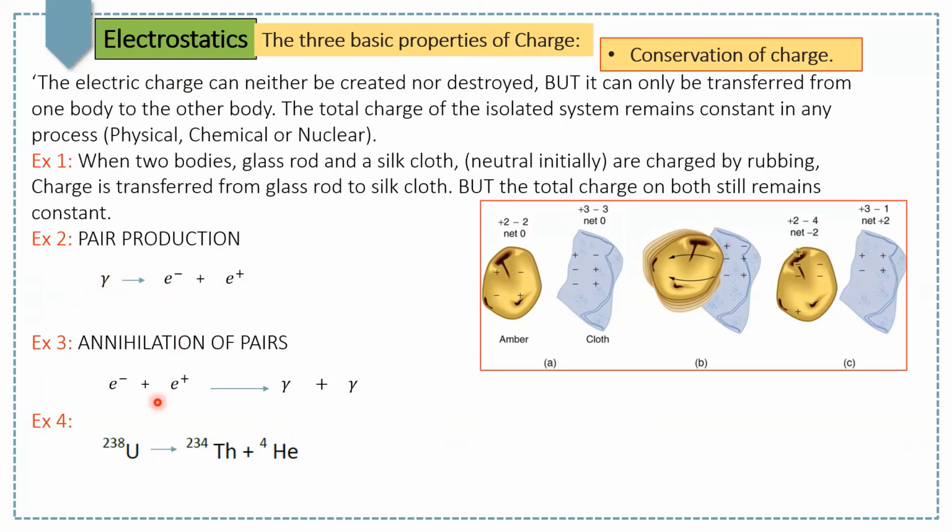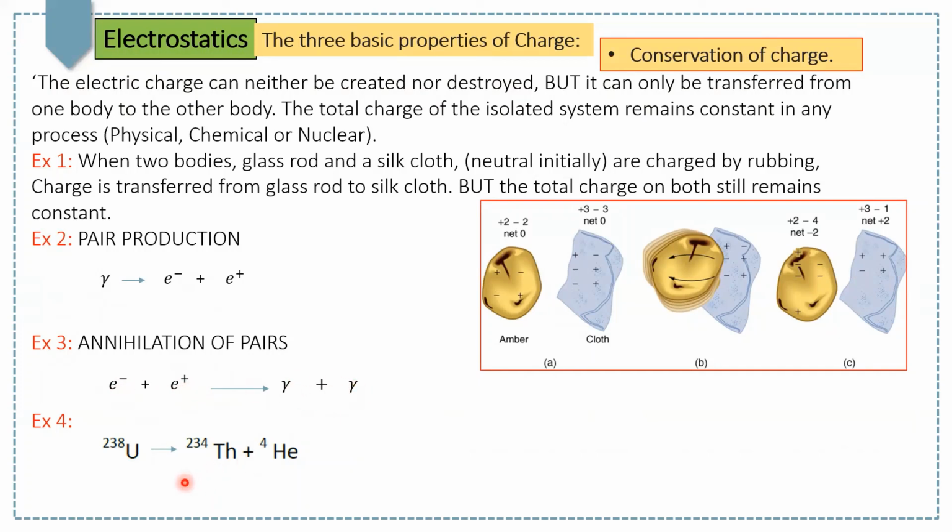And the second, when electron and positron come closer to each other, they form two gamma ray photons, each of energy 0.51 mega electron volt. But here again, the total charge on both sides is equal to zero.